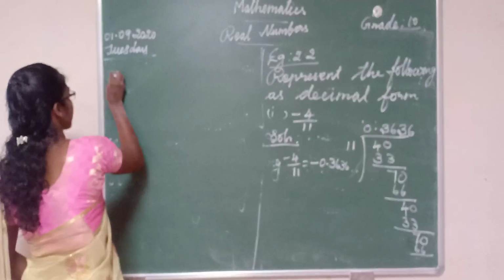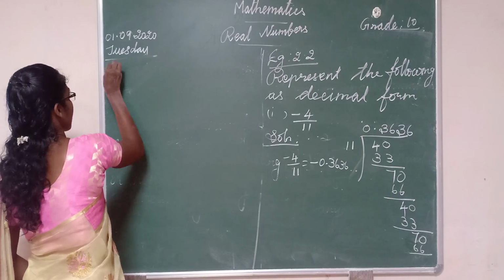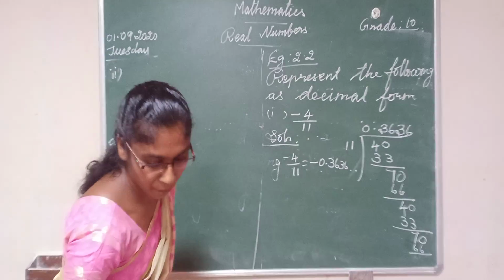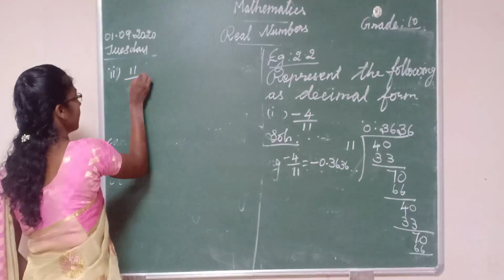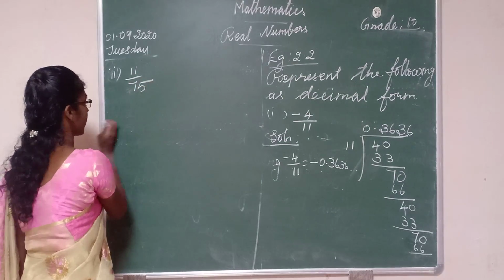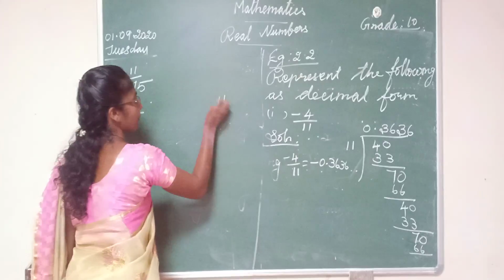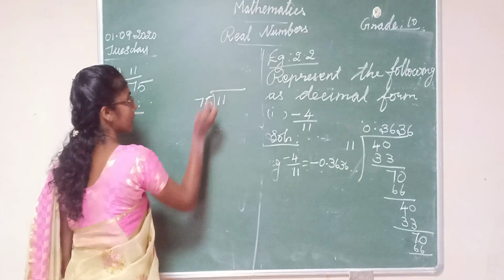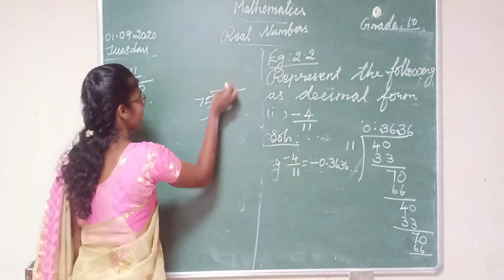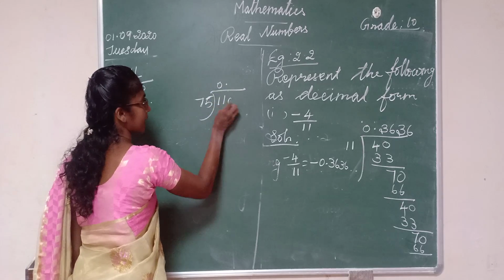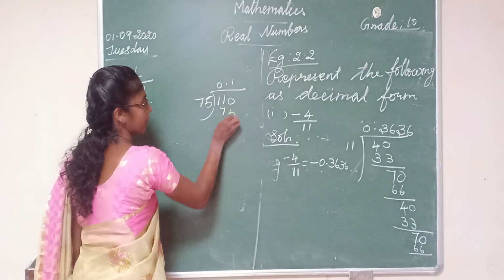Next, second problem. 11 by 75. Can you write it? 0 point first. Next 1 times 75.